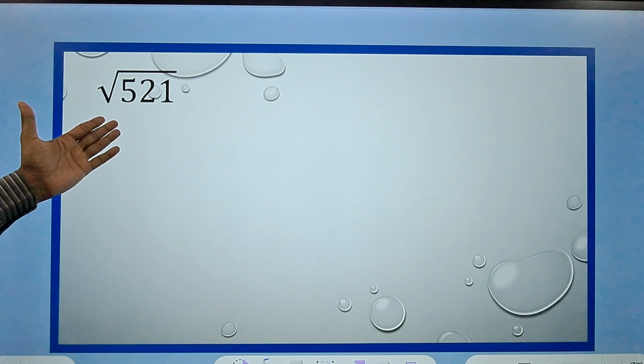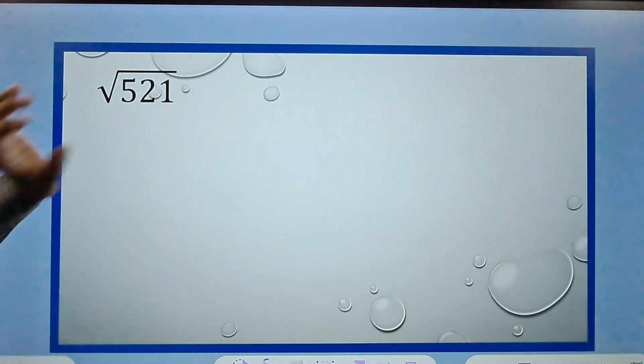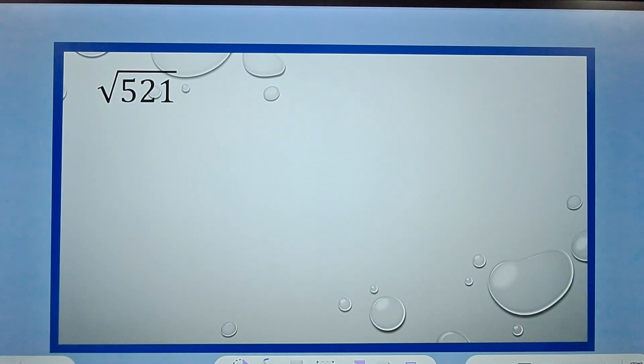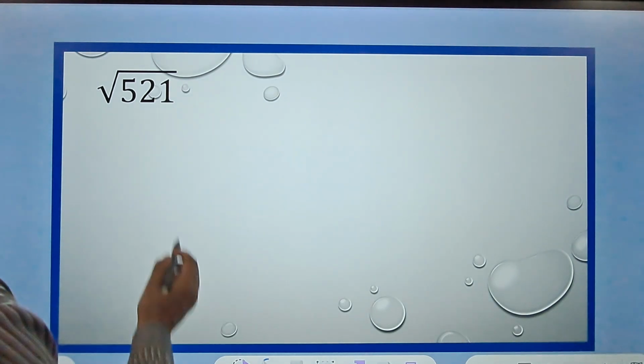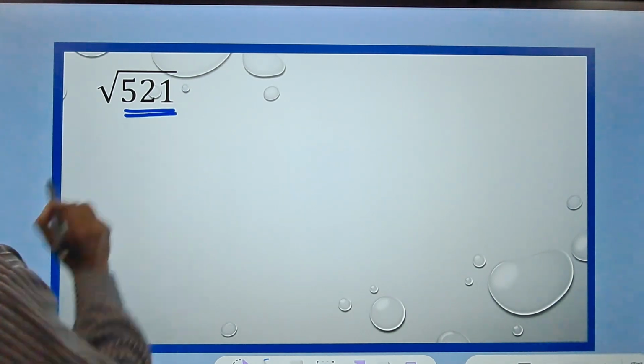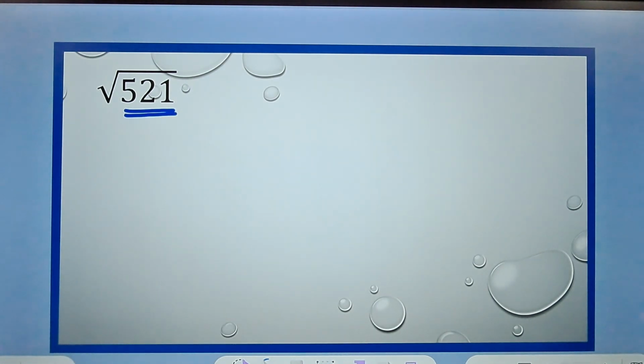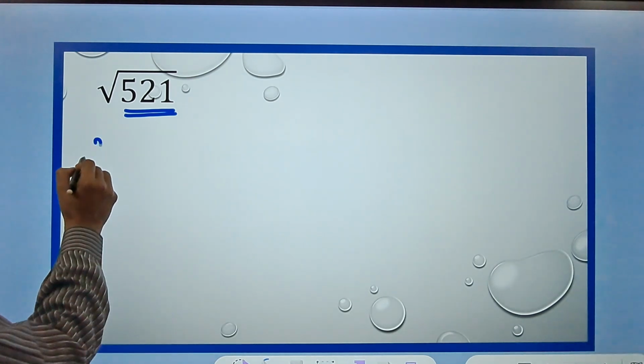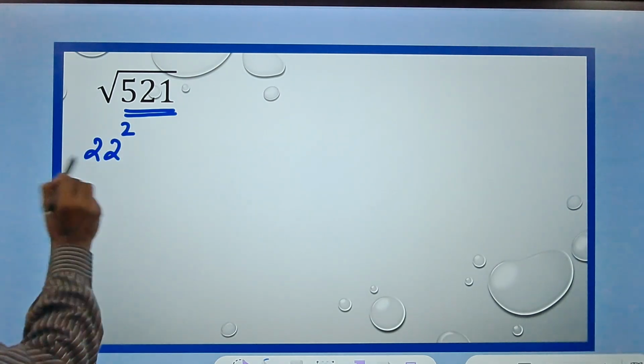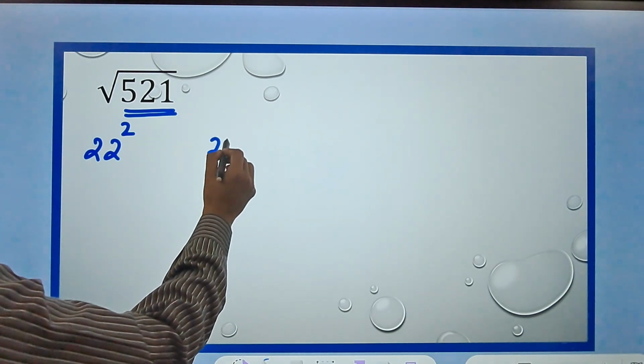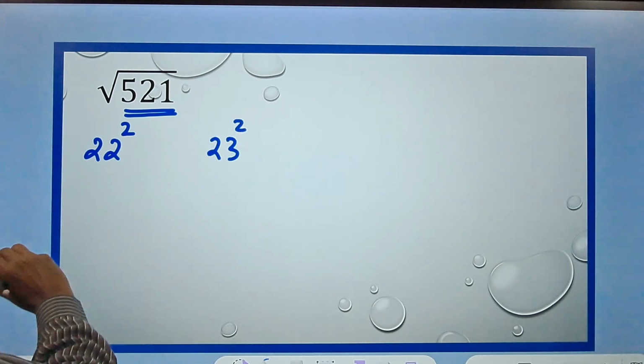Here we have the square root of 521, and I want to find the approximate answer. That means the answer up to 1 or 2 decimal places. See, 521, if you observe carefully, this number is between 22 square, which is 484, and 23 square, which is 529.